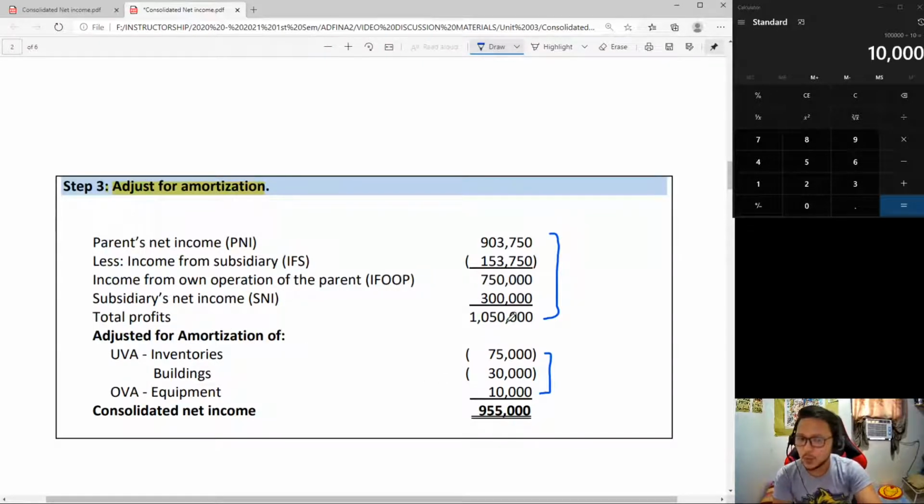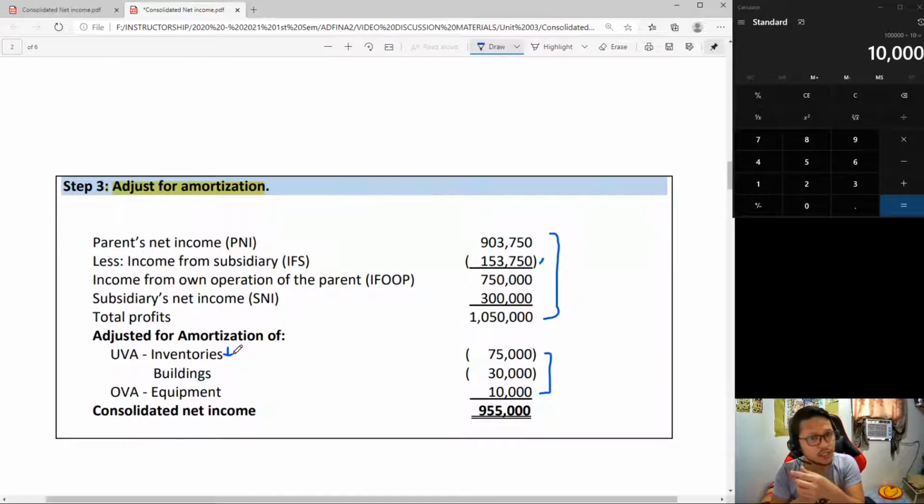Total profit, 1,050. This is simply parent plus subsidiary's net income without adjustment for amortization, of course less income from subsidiary. Amortization, inventories. This is understated inventory. So let me tabulate. Understated beginning inventory, right, Shanks?